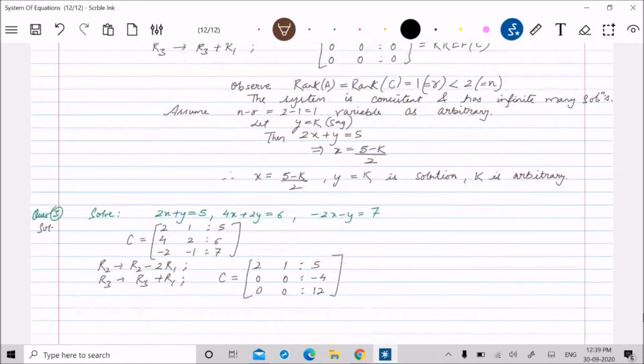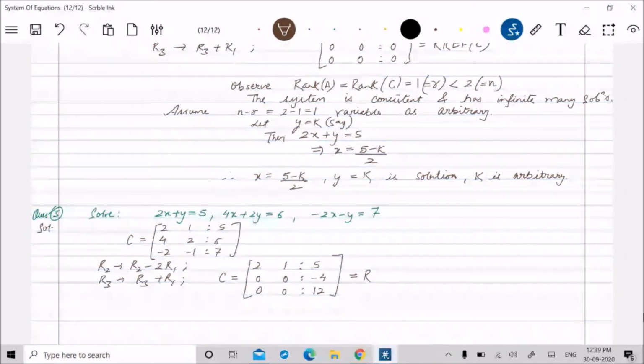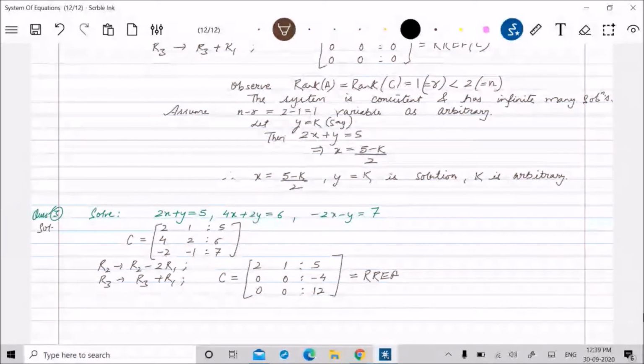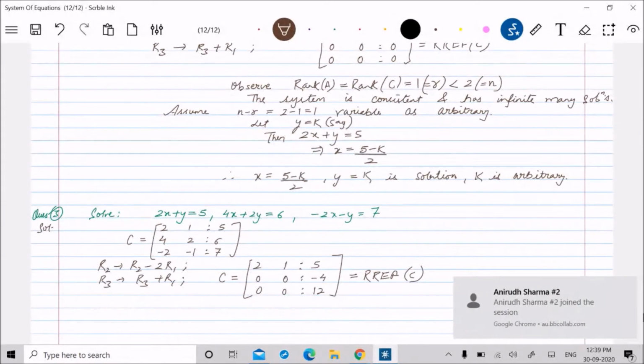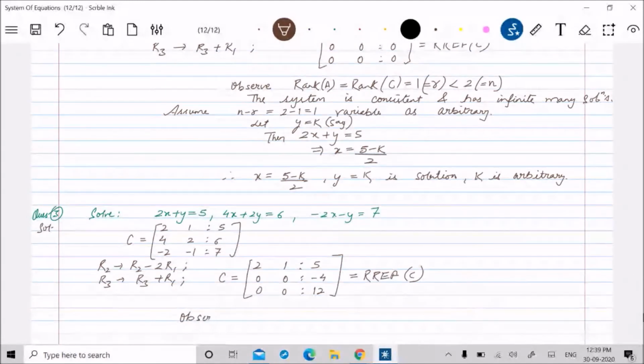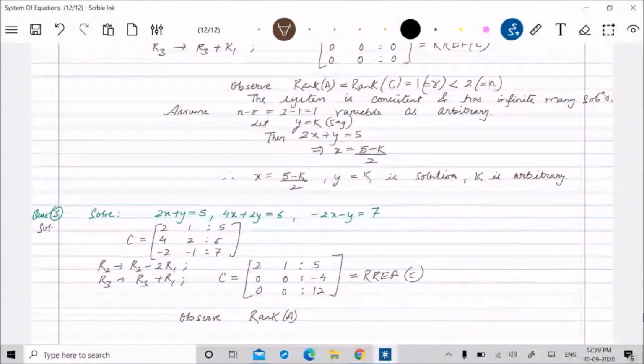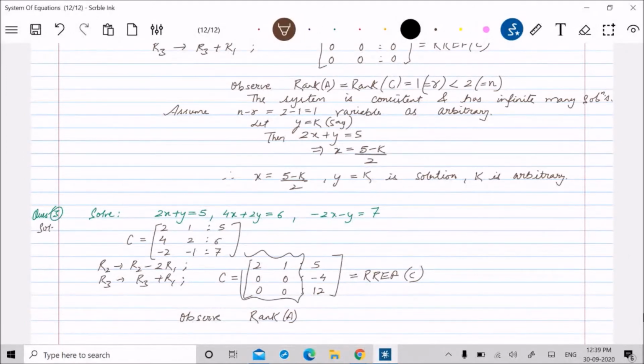And you can see that this is just an echelon form of C. So it has been reduced to echelon form, but the observation is that rank of A, if you see the rank of this matrix only, is equal to 1, and if you see rank of C, the full matrix, its rank is 3.